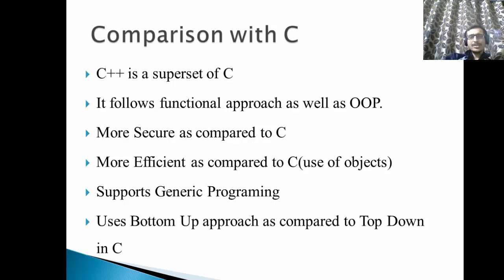C++ uses a bottom up approach as compared to the top down approach in C. Bottom up approach is not that we are compiling the program from bottom to up in C++, and compiling in C from top to bottom. It's nothing like that. Bottom up approach means that first of all we create all the detailing, all the functionalities in our program.